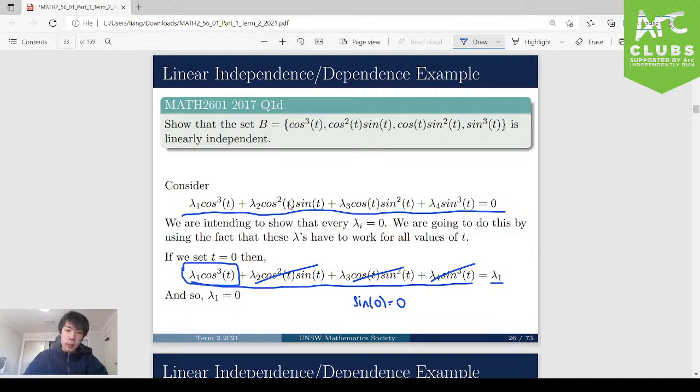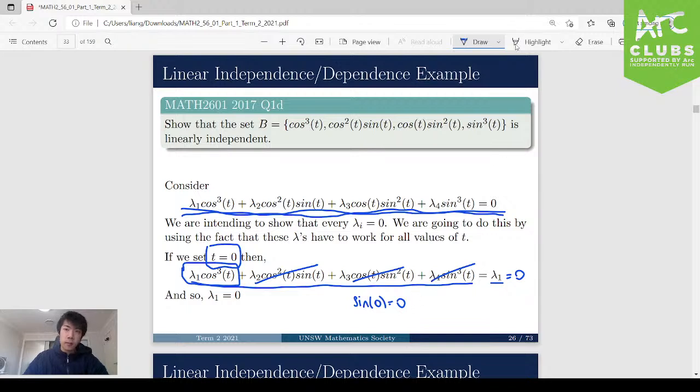But this whole expression is equal to 0, and so lambda 1 equals 0. So just by subbing in t equals 0, I've shown that lambda 1 is equal to 0. And this is okay because, like I said, this equation has to be true for all values of t. So there's nothing wrong with me particularly choosing to sub in t equals 0.